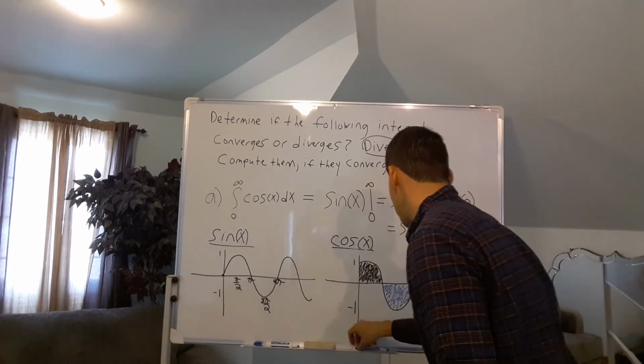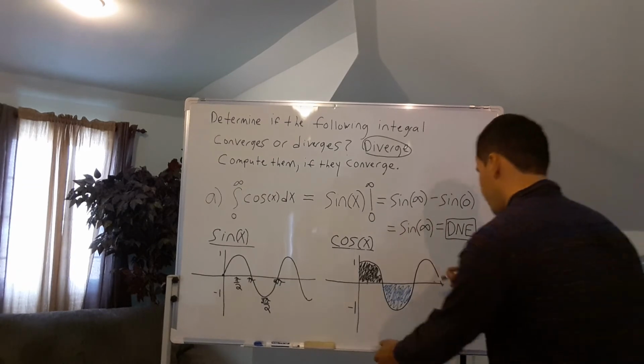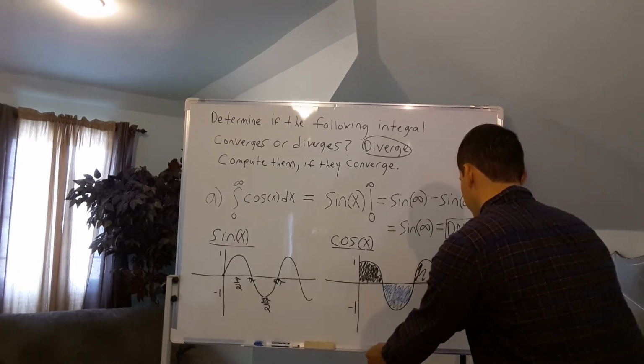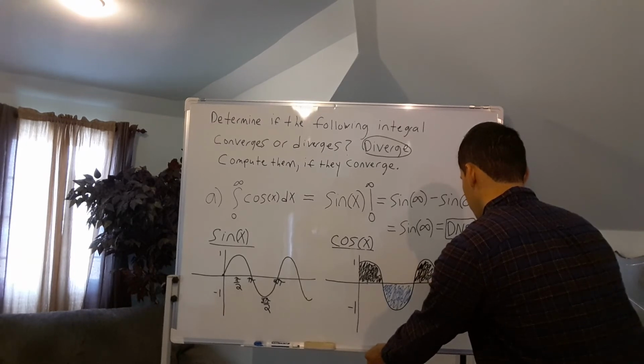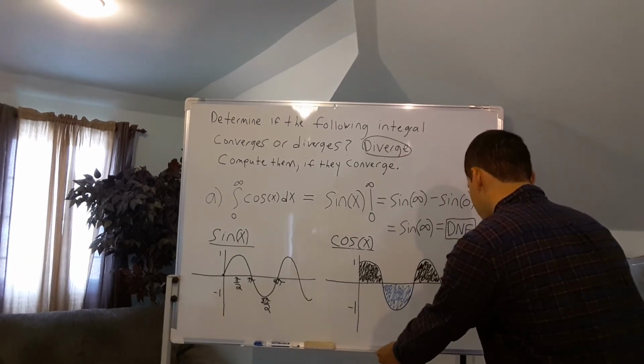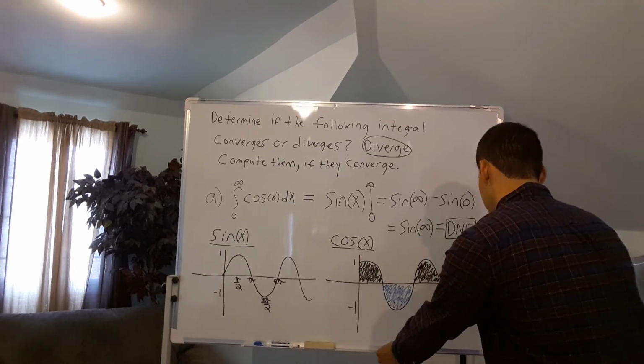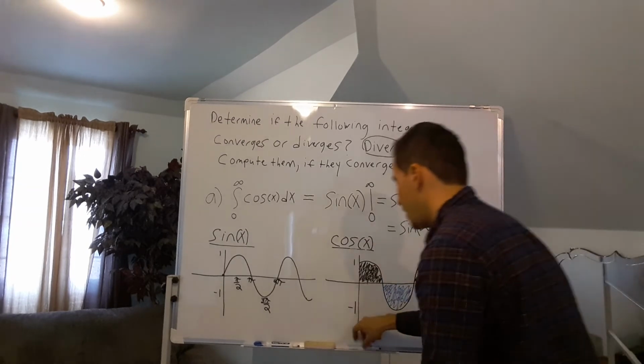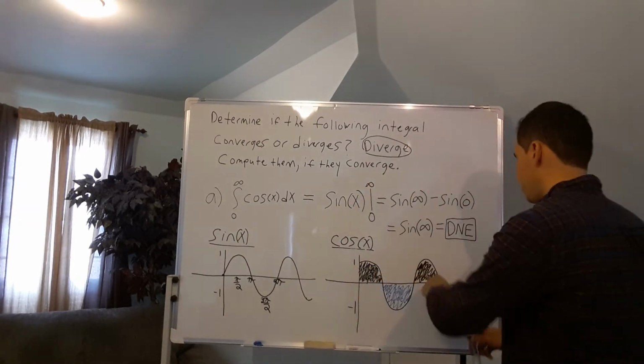And then as you continue, it's going to pick up more positive area. And as it continues, the same process will happen again. It's going to pick up the same amount of area as this, but negative area.